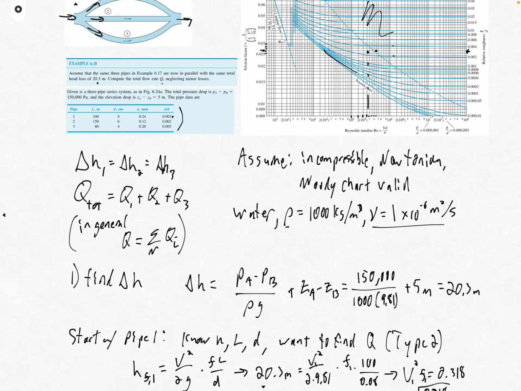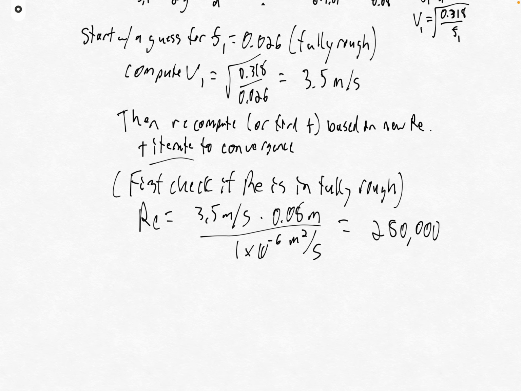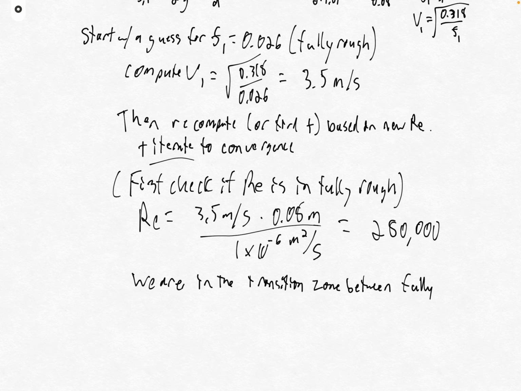So on an exam, after checking that Reynolds number, you could say we are in the transition zone between fully smooth and fully rough.